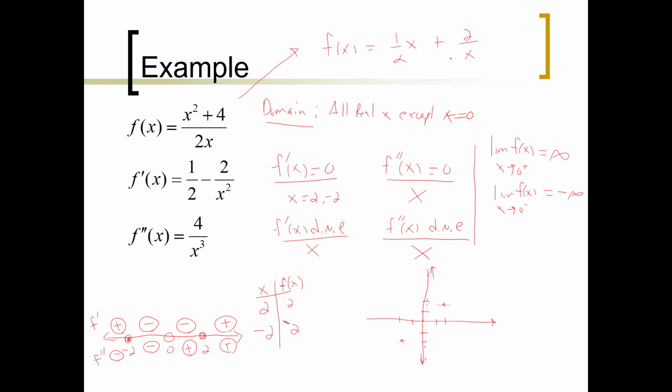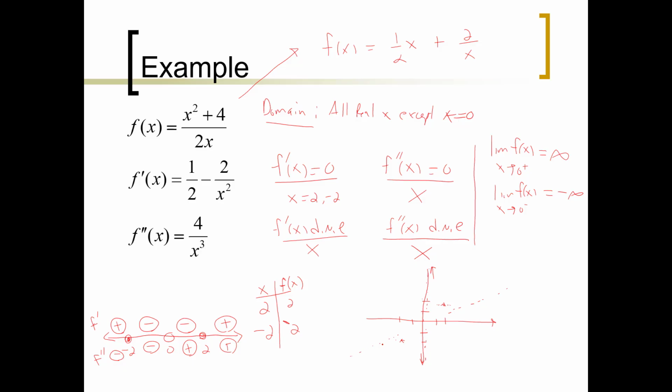If x becomes large, the 2 over x portion goes away and the function becomes more like this straight line. So this graph has a slant asymptote. It approaches the line whose slope is 1/2, and here is that line.